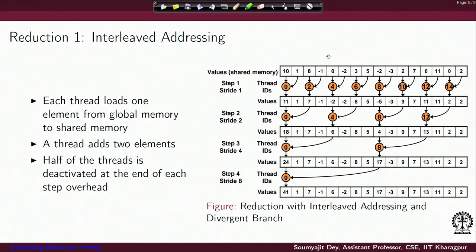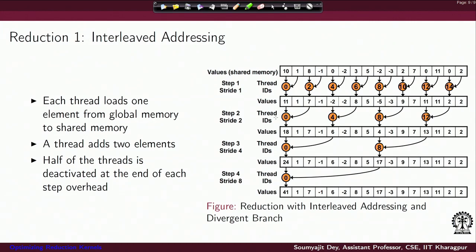So all the threads together collaboratively load data, then half of the threads perform step 1 of addition. This addition is performed with a stride of 1 because you use the thread ID's corresponding memory indexed value and the next value, right? And then in the next iteration you just increase the stride.